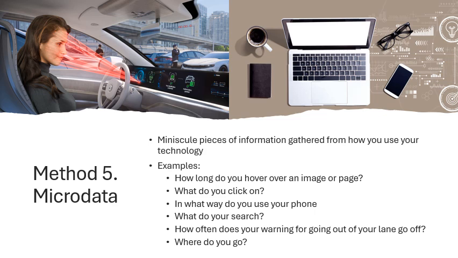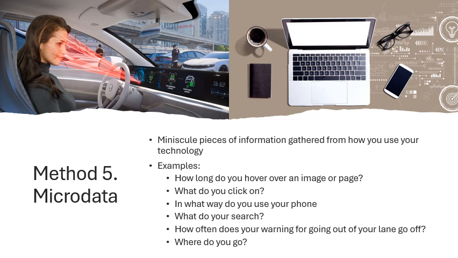If you have a newer car, there's all kinds of technology embedded that warns you if you are going out of your lane, or alerts you if there's someone behind you or in your blind spot. And there's even eye tracking technology in your vehicle to tell if your eyes are off the road, all kinds of things like this.